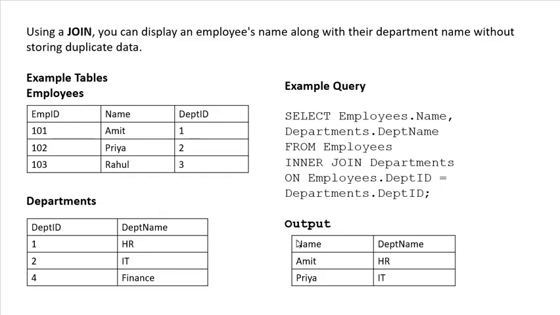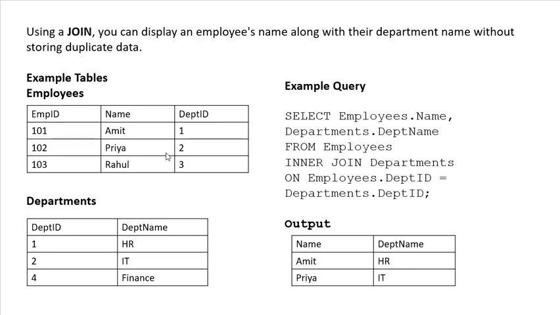So the output is a table showing the names and department names. First is Amit: in the employee table the department ID is 1, so we find department ID 1 in the department table, and the department name is HR, so Amit's department is HR.